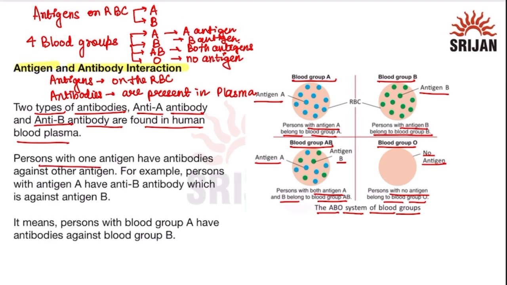A person with one antigen has antibodies against the other antigen.